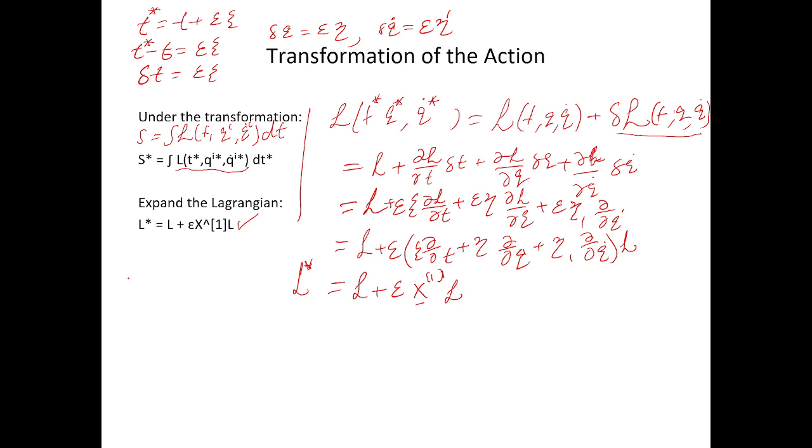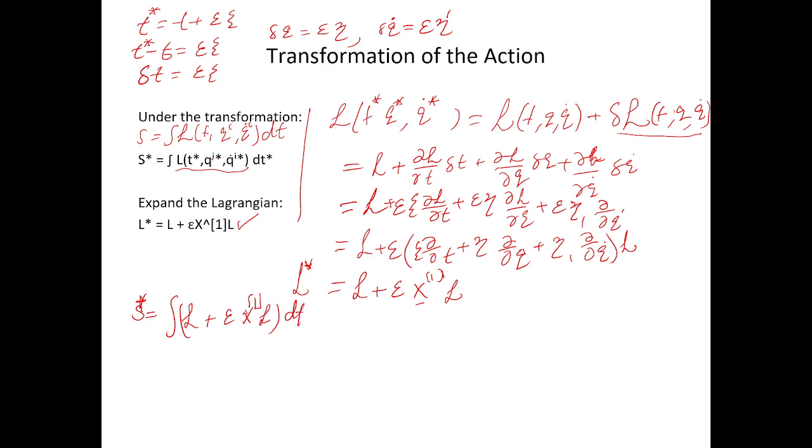Now this A star can be written this way: A star is equal to the integral of L plus epsilon X1, the one time extended generator over L, and dt.